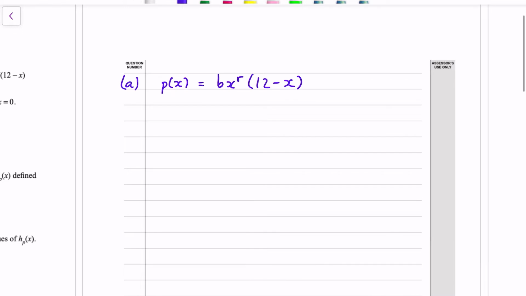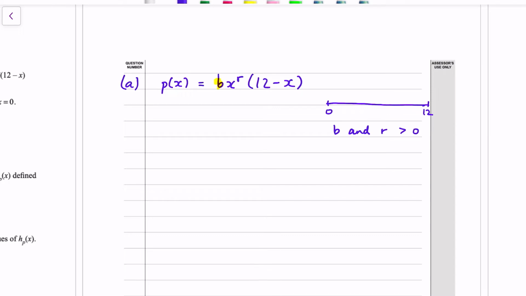So if we just think about what this density equation is for a couple of trivial values, we're told that b and r are positive, but it doesn't really matter what b is because it's in the front there. Suppose r was equal to 1.